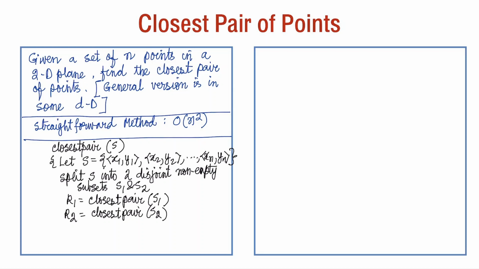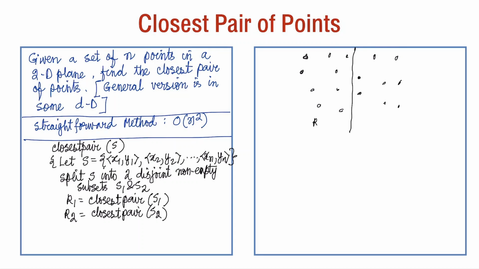If we look at a diagram, then we see that we had our points somewhere like this. We have split the set. For the time being, let us say we split it according to the x-axis. We could have split it any way, but for the time being, let us say we split it by some x-axis.